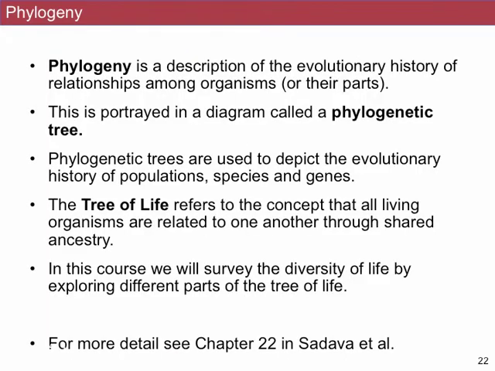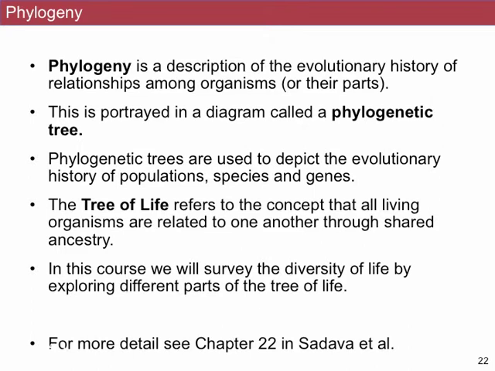And so what I'm doing on this slide is defining a few of the terms and a few of the things that we're going to talk about for the rest of this lecture and for the next lecture. When we talk about phylogeny, what we mean most of the time is the evolutionary history of organisms. Sometimes we will use phylogeny to refer to the evolutionary history of parts of organisms, say individual genes.